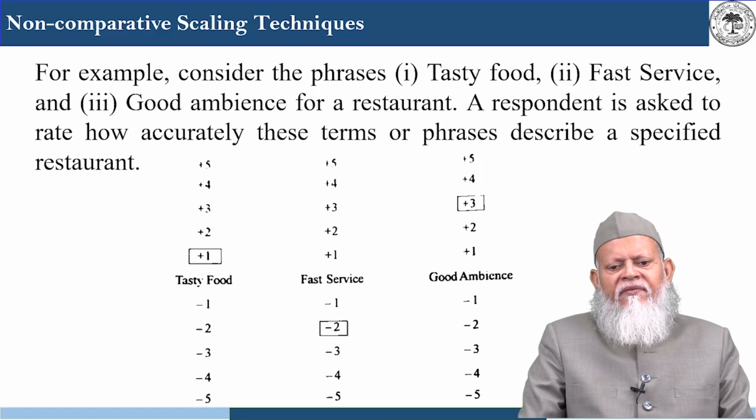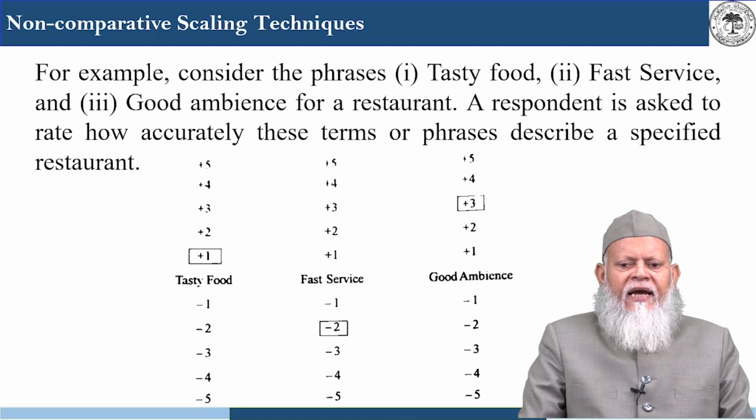For fast service, the respondent has given -2, and for good ambience, the respondent has given +3.